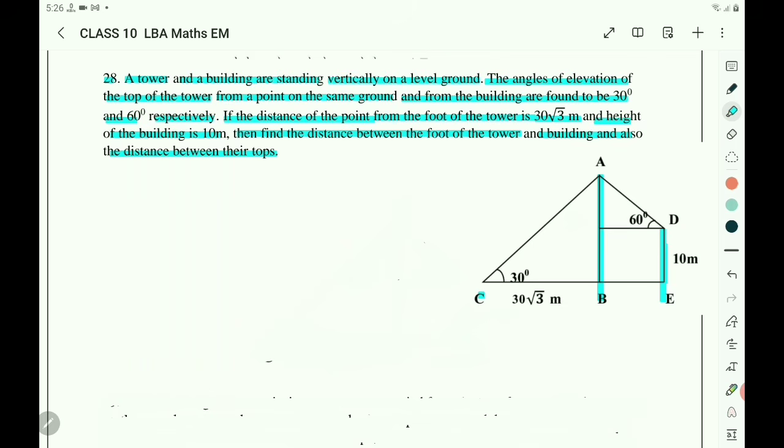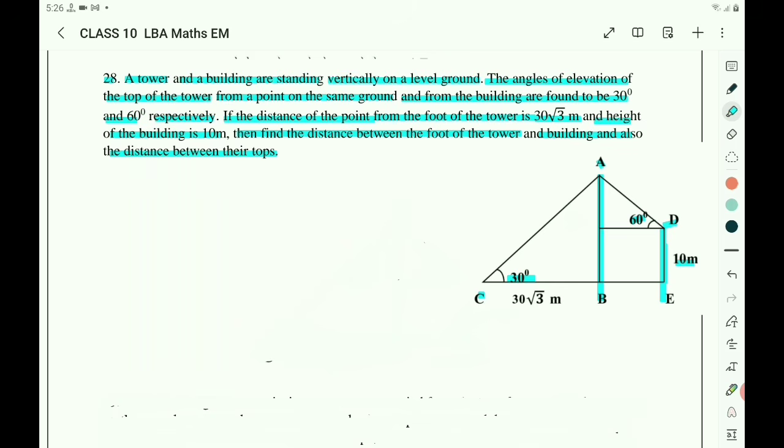Height of the building is given. Angle of elevation of the top of the tower from the point C is 30 degree, and angle of elevation of the top of the tower from the top of the building is 60 degree.